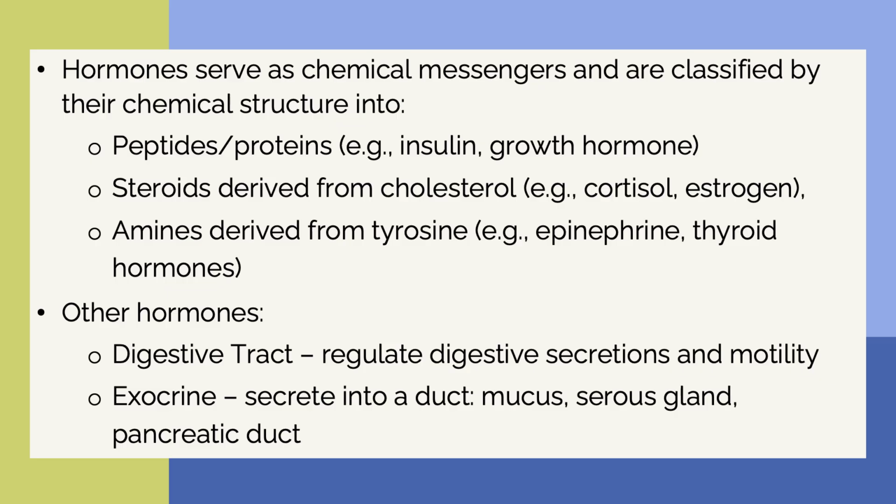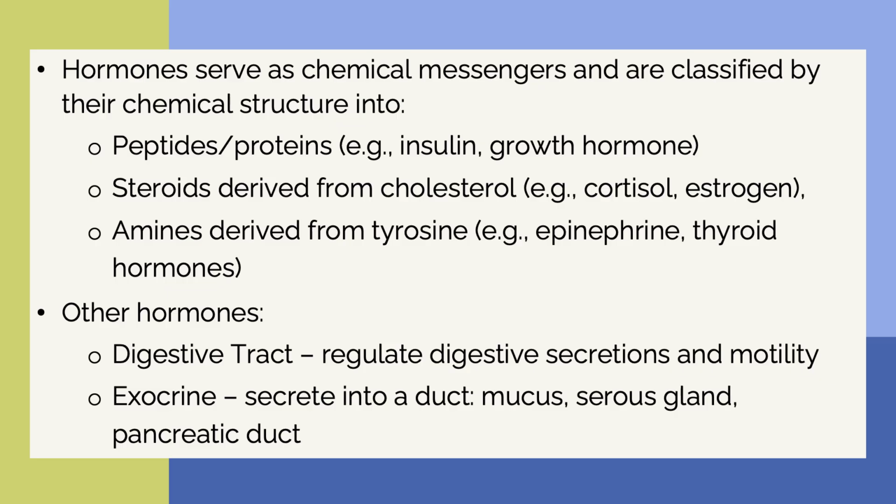Now, to understand how they function, we classify them based on their chemical structure into three primary groups. First, we have peptides and proteins, which are compounds made of amino acids linked by peptide bonds. Familiar examples in this category include insulin, because remember we said insulin is a protein, right? And so this regulates blood sugar, and growth hormone.